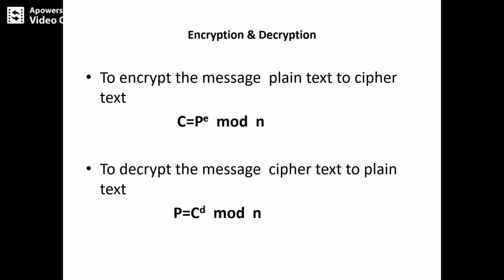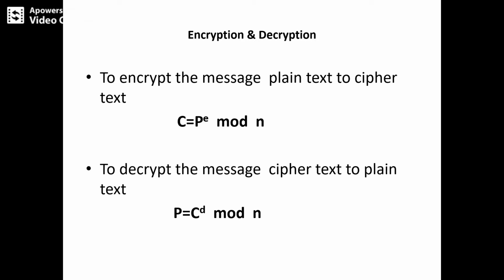The next component is encryption and decryption. First we go with the encryption technique. To encrypt the message, we convert plain text to cipher text. Plain text means what we type as usual, alphabets, numerical values, all of which we call plain text.